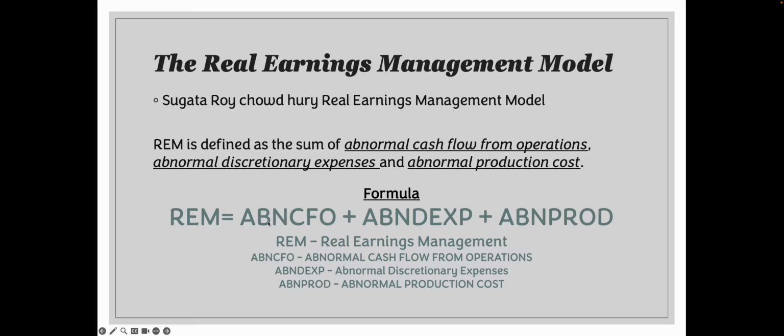REM is equal to abnormal cash flow, abnormal discretionary expenses, and abnormal production cost. This is the most simplified version of this model. But in chapter 3, we will be exploring how to derive all these components and how to calculate them. And in chapter 4, we will be looking at a practical example of how this is done.